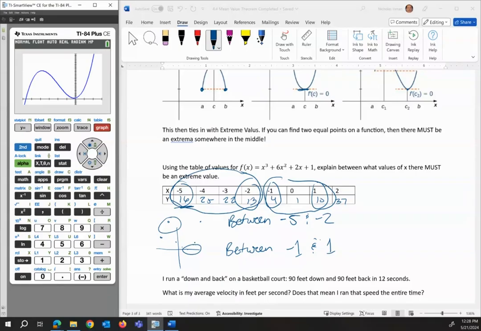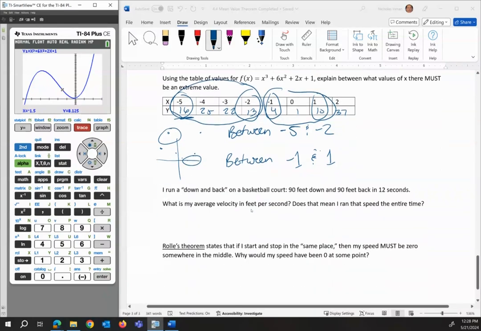So somewhere between -5 and -2, I had to have an extreme value, and somewhere between -1 and +1, we had to have that extreme value. So that's just the idea of Rolle's theorem. Somewhere in between those two spots, you have to have a zero slope.